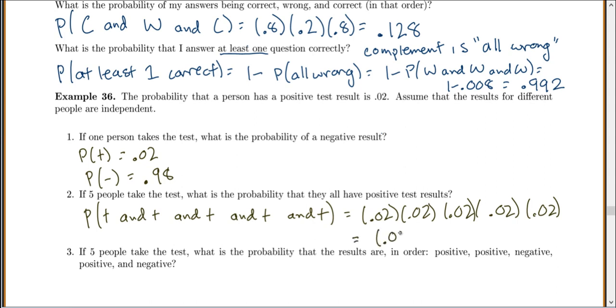Or I could do a shortcut of 0.02 to the 5th power, since I know I have to multiply them 5 times. And I get 0.00000000032, or 3.2 times 10 to the negative 9.